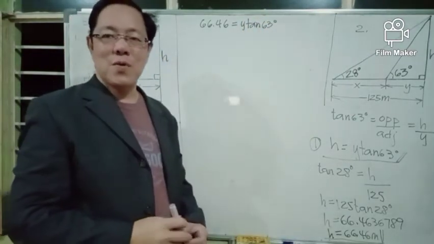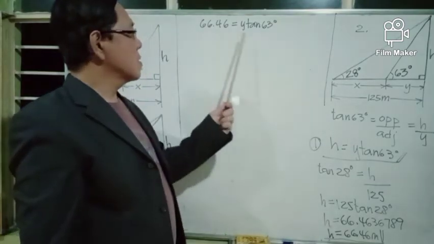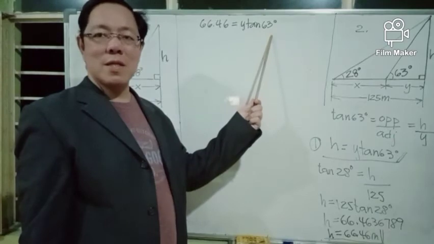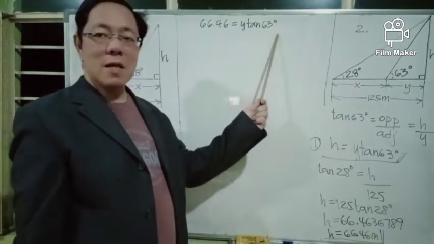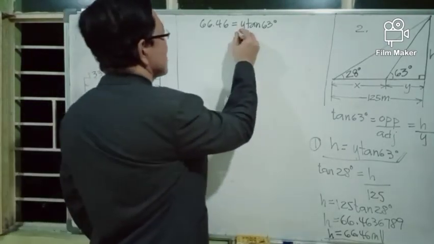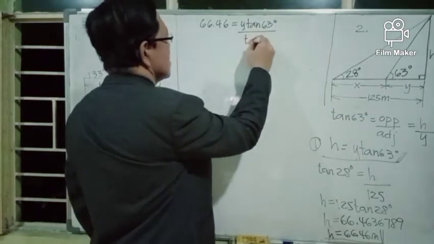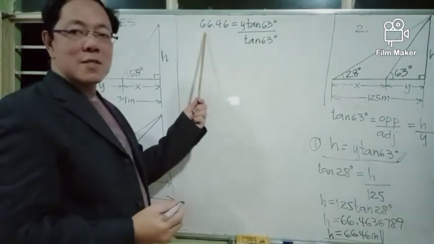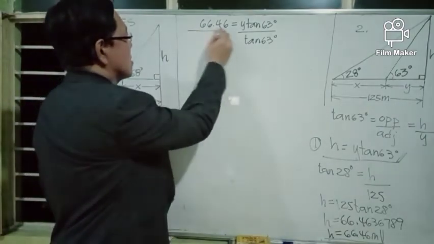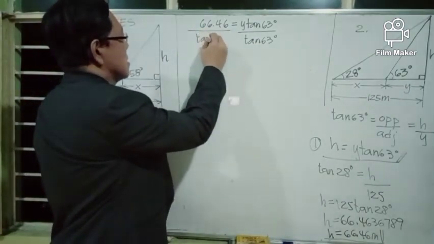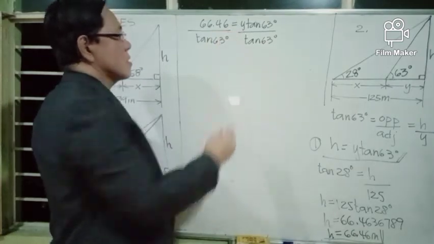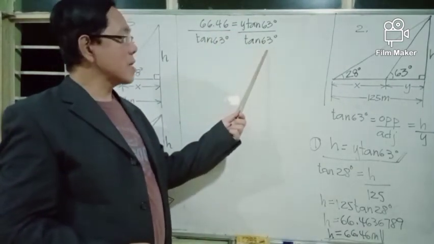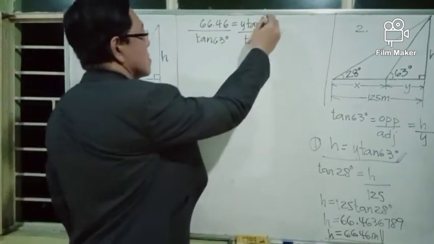To solve for y from this equation, we divide both sides by tangent of 63 degrees. The tangent of 63 degrees from the right-hand side will cancel out.